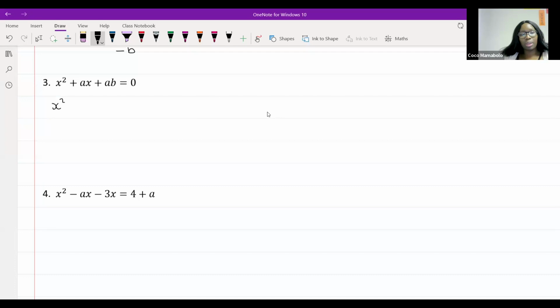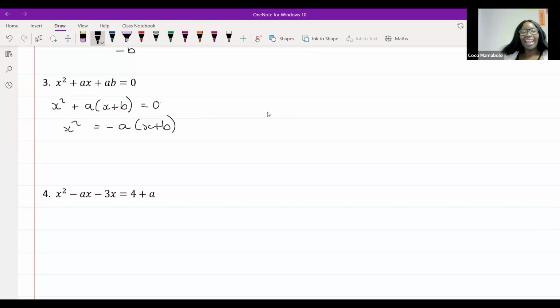Okay, x squared plus a will leave me with x plus b over here is equal to 0. X squared is equal to negative a multiplied by, I know, Sia, even for me.